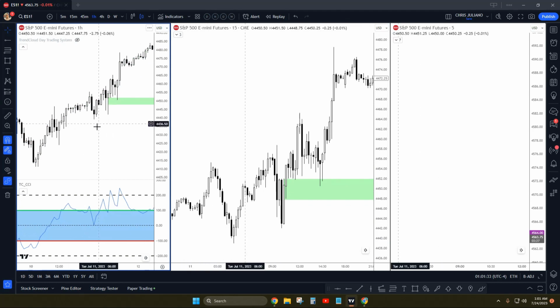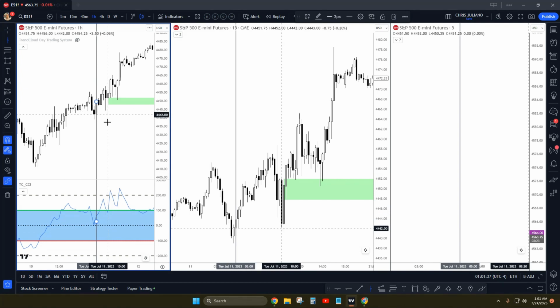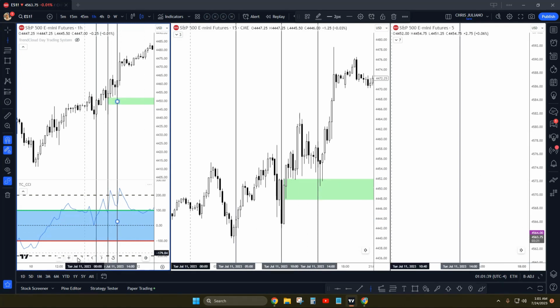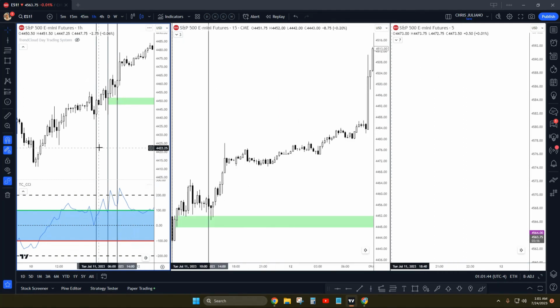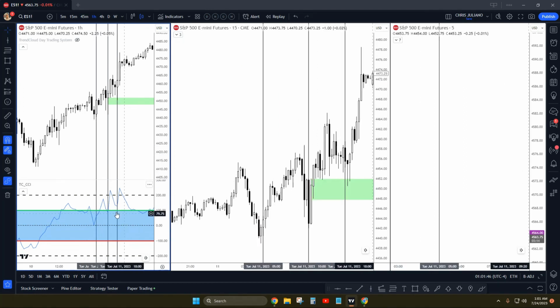Look at how the pullback here, here, and here. Look at how these pullbacks taking place are pulling back into the blue box without going past the negative 100 line. You're in an uptrend. You're looking for demand zones.